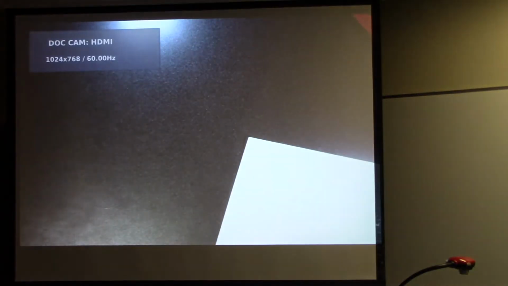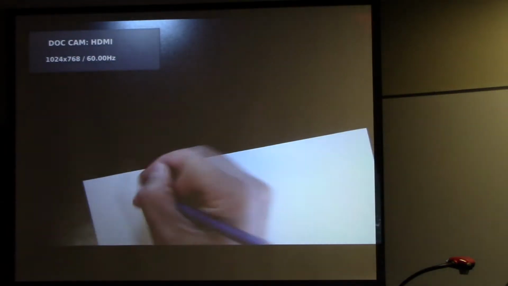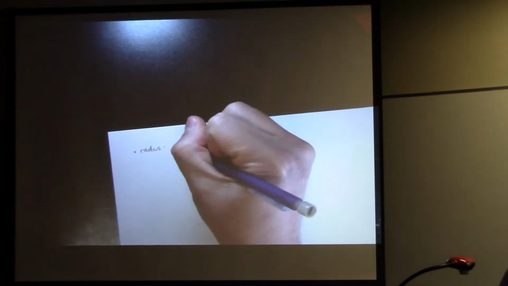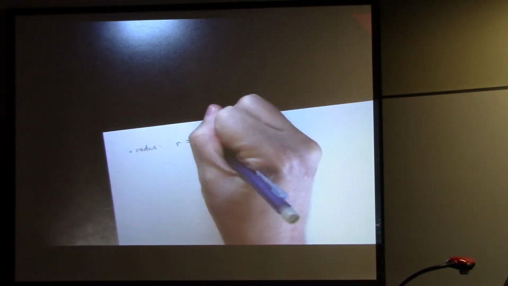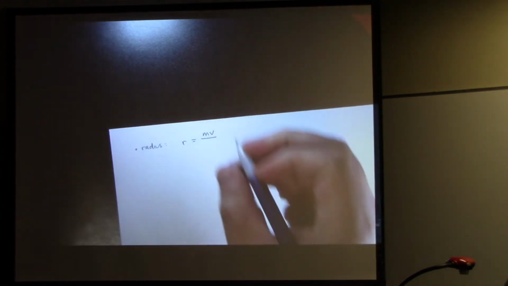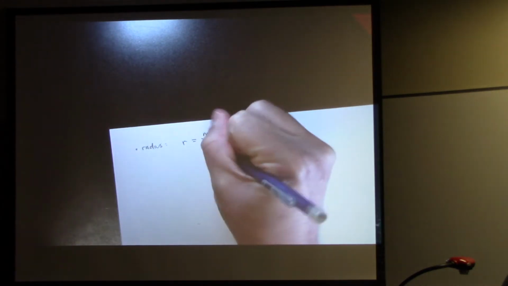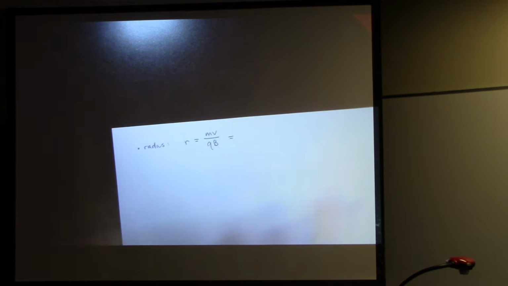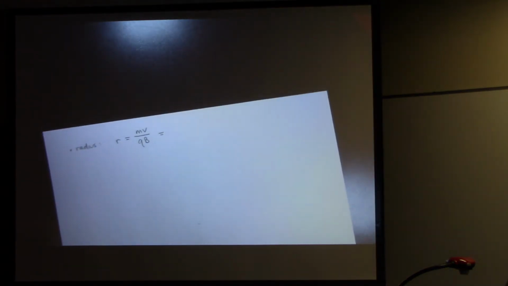I'm going to start with the radius. If we have an electron injected into the magnetic field, the radius of the circle that it's going to end up moving in is mv divided by qB. We derived that earlier, so we're just going to use it to make the calculation.